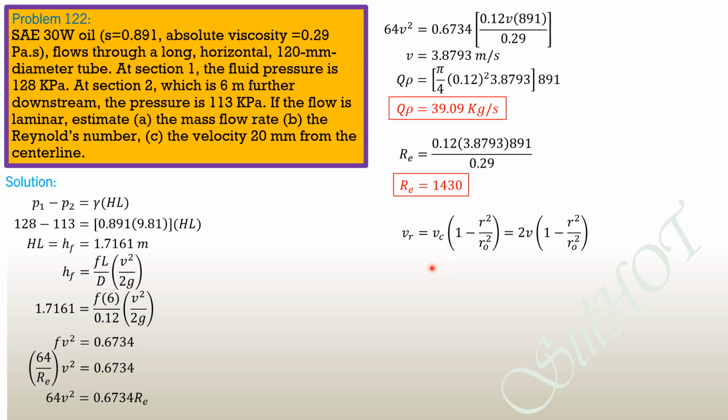So we substitute. V sub 20 equals 2 times 3.8793 times quantity 1 minus 20 square over 60 square. The radius of the pipe is 60, half of 120. So the velocity 20 mm from the center line is equal to 6.897 meters per second.